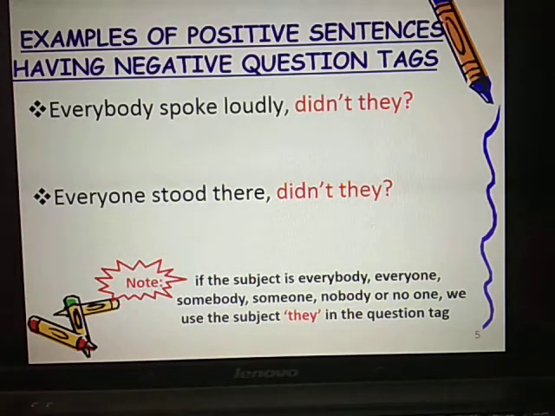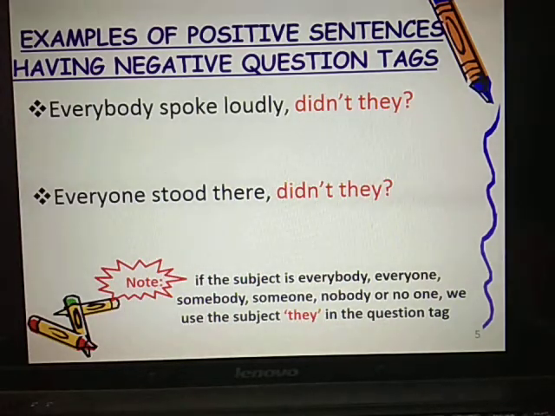Now what is didn't? It is the collection of did and not. When we contract it, make it short, we make it didn't. So didn't stands for did not they, but we say didn't they, and we put a question mark.